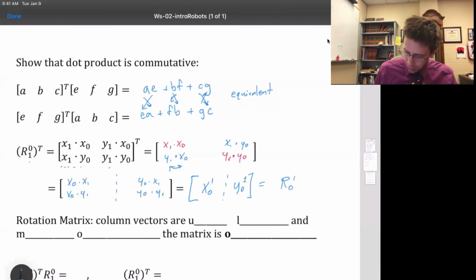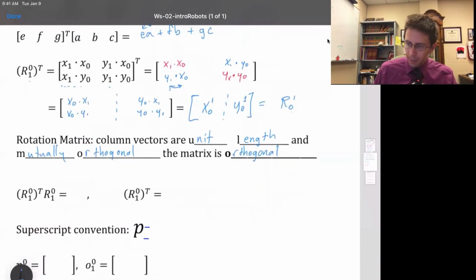And so we have shown that the transpose gives the inverse of this rotation matrix, which is a pretty cool idea. In a true rotation matrix, the column vectors are unit length, and they are mutually orthogonal. Some cool properties that we have here.